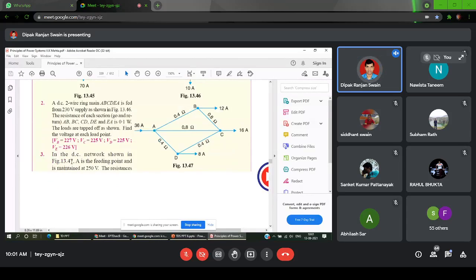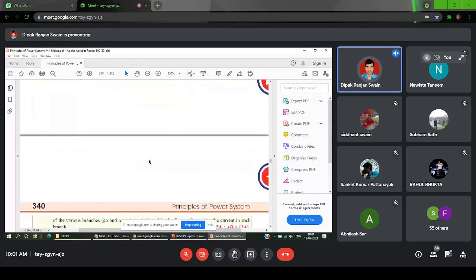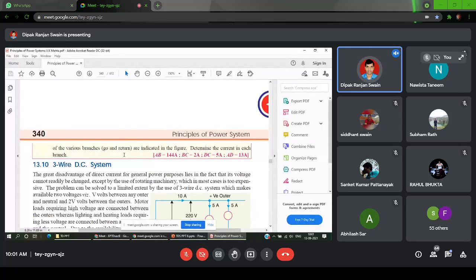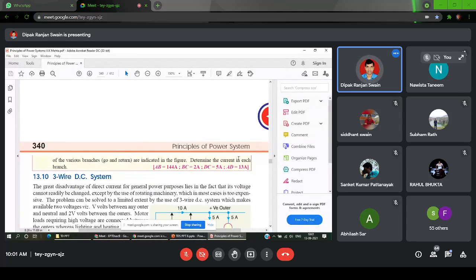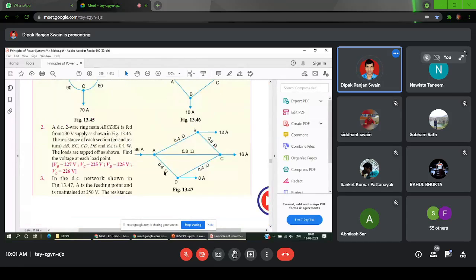So the question is, the network shown in 13.47 feeding point is maintained at 250. So the potential at point A is 250. The resistances of various branches of go and return are indicated in the figure. Determine the current in each branch.